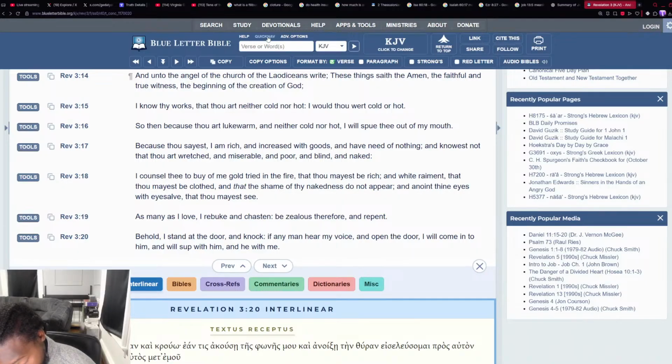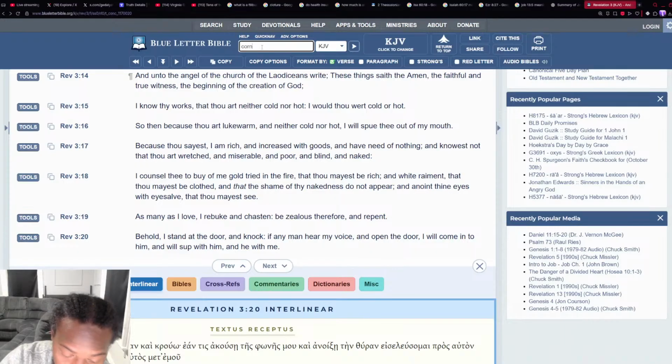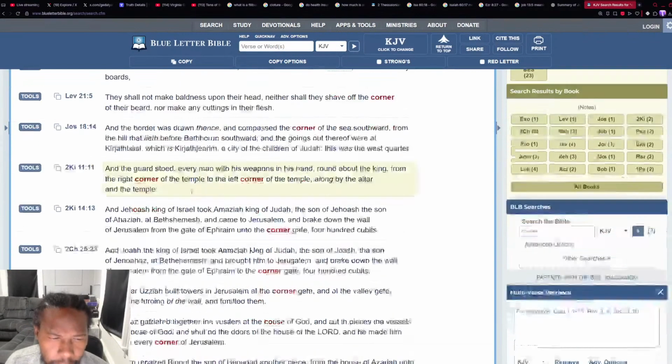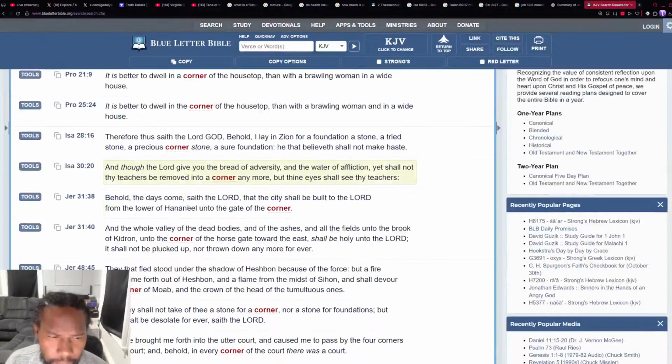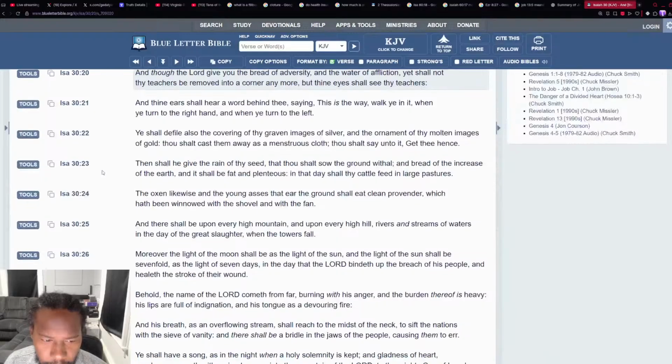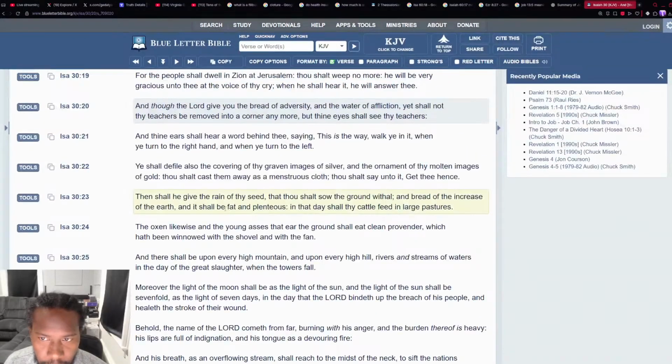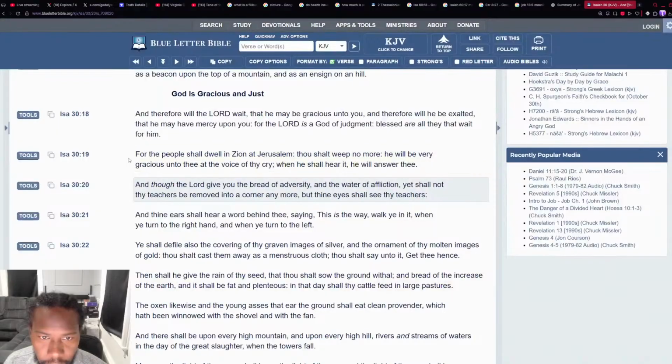When he says, your teacher shall not be removed in a corner anymore. Somewhere like that. Can't think of it right now. Isaiah 30:20. That's exactly what it is. Isaiah 30:20. But I'll start at 18.